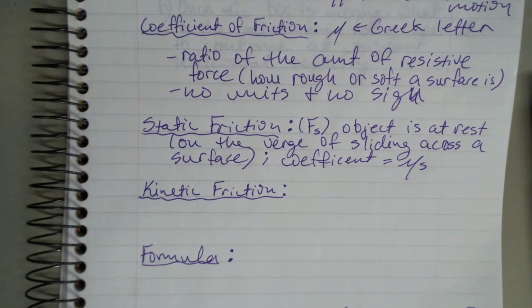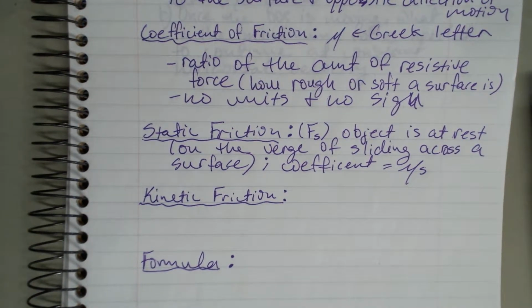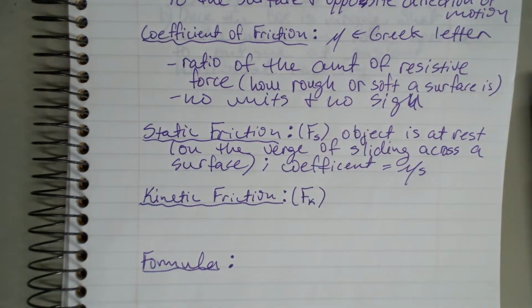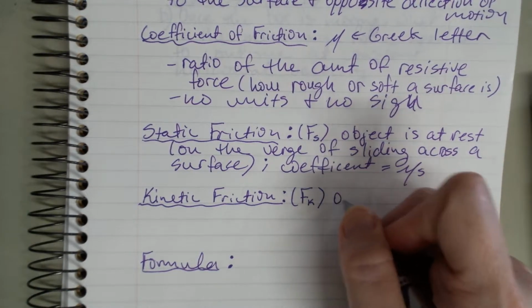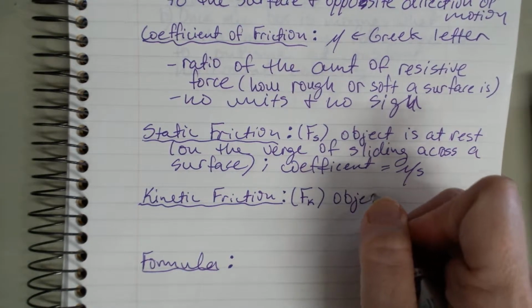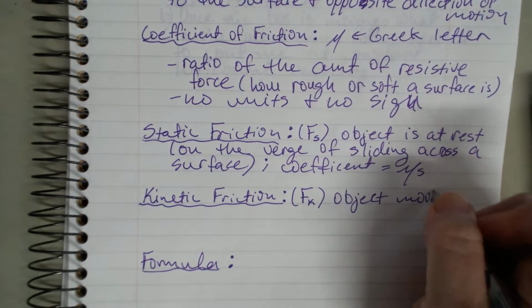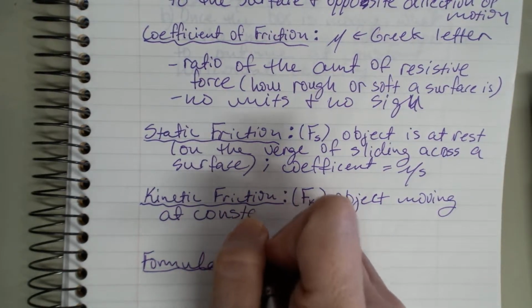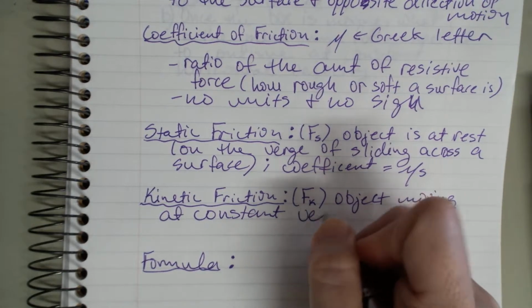Okay. So then we have kinetic friction. Kinetic means moving. Static means at rest. So if you have kinetic friction, we call it a big F with a K as a subscript. And this is when you have an object moving at constant velocity.